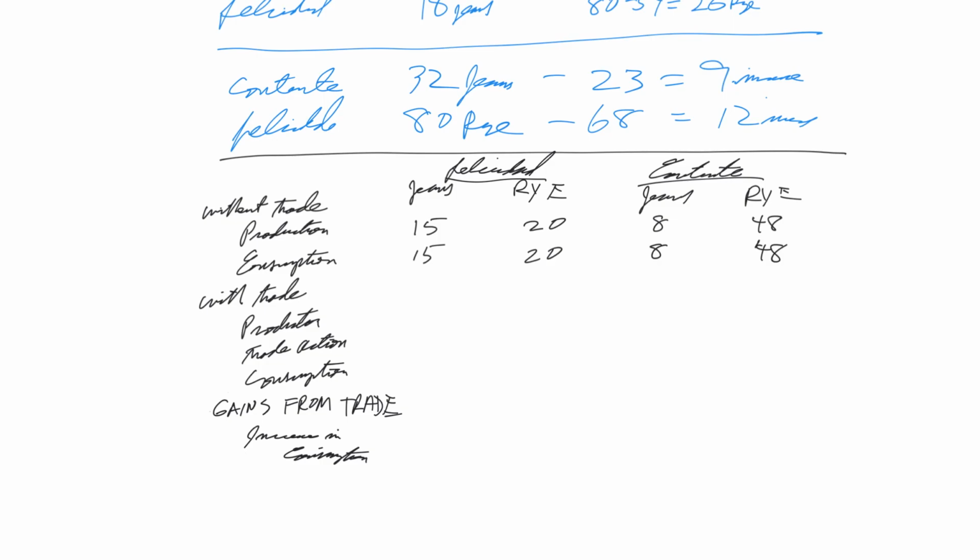Now they give us this table at the bottom of the problem. You see the two countries, the two goods, and it tells us this is without trade. Now remember, before, when they didn't trade, this is what they chose, this is what they were producing.